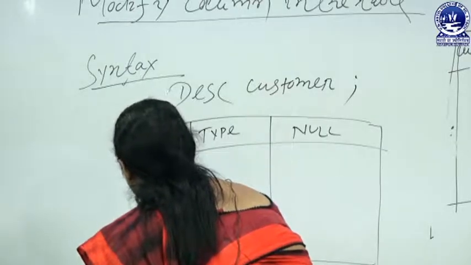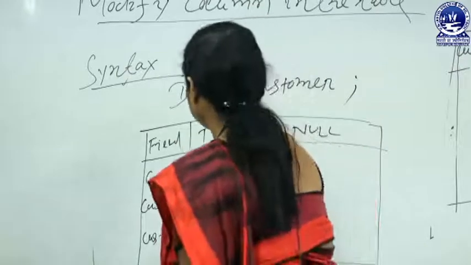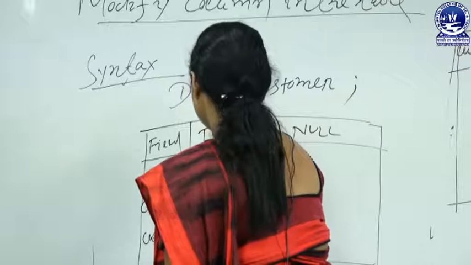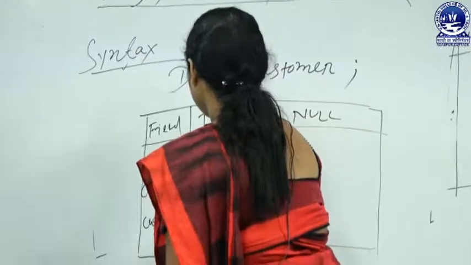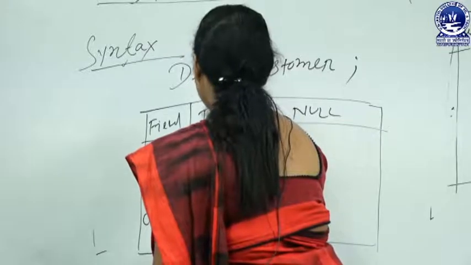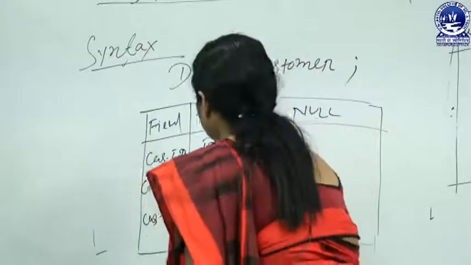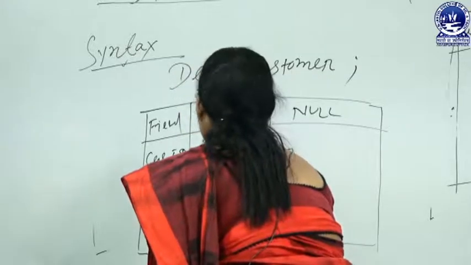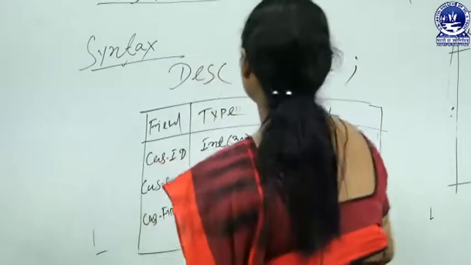The types are integer 30, varchar 40, then varchar 60.